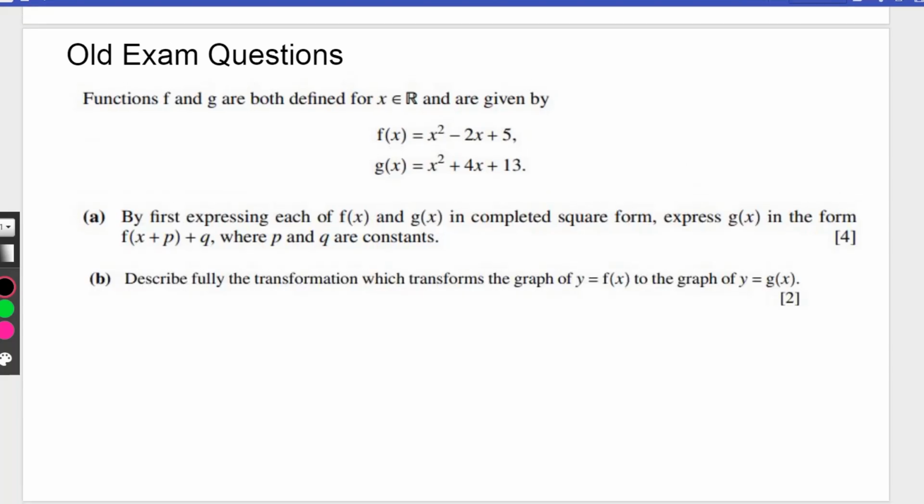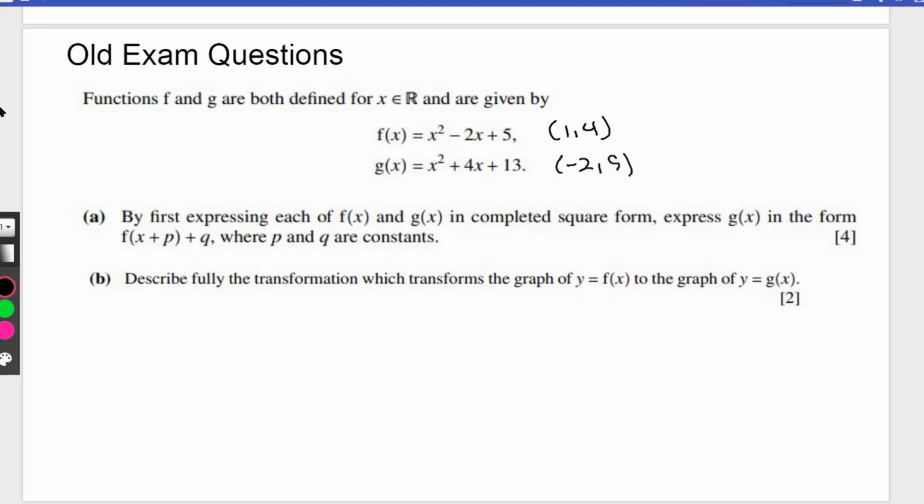Okay, let's try this one at a time. If you put this in a calculator, you can find the vertex. I believe the vertex is going to be 1, 4. Negative b over 2 is going to be 1. So this vertex is 1, 4. If you put the other in your calculator and use the quadratic solving function, you find that this vertex is negative 2, 9.